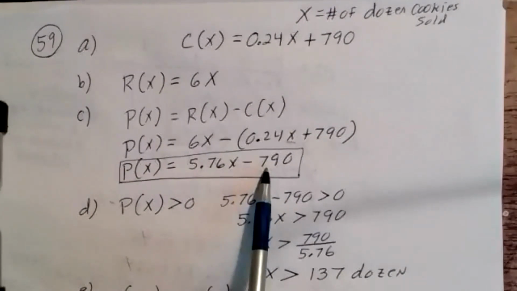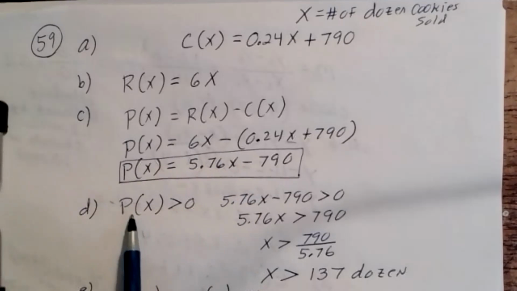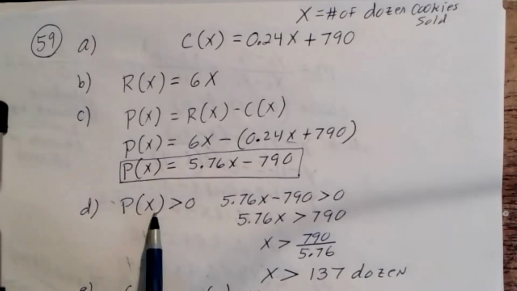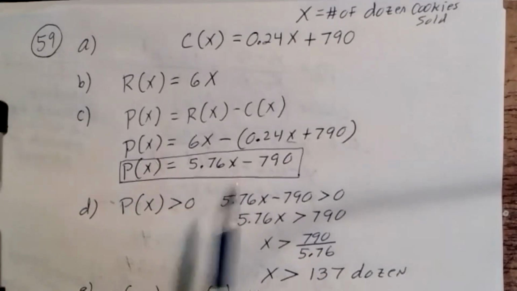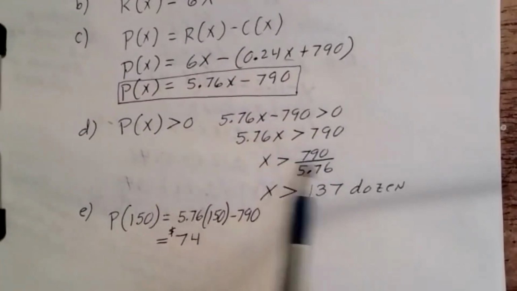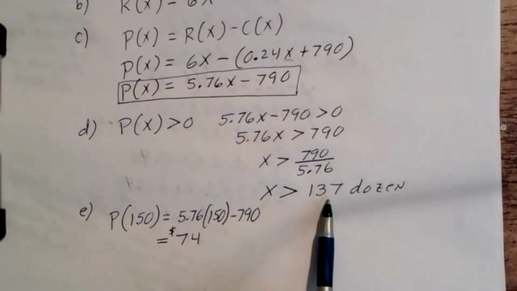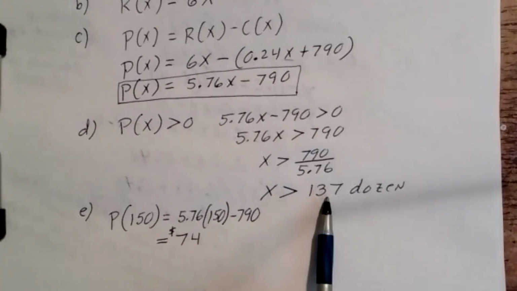Ladies and gentlemen, I want to know at least how many dozen you must sell in order to start making a profit. You can do this problem mathematically if you just insist that your profit function be greater than 0. If you insist your profit be greater than 0, that means you're going to start making money. So set your profit function greater than 0, solve the inequality for X, and I came out with the fact that you better process more than 137.